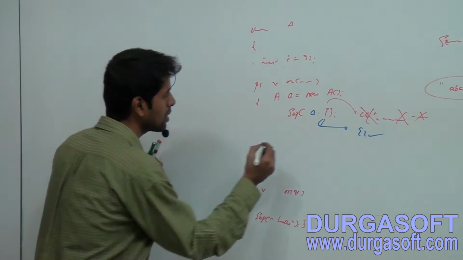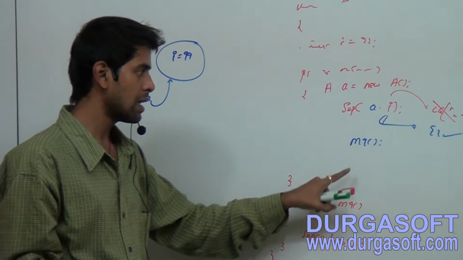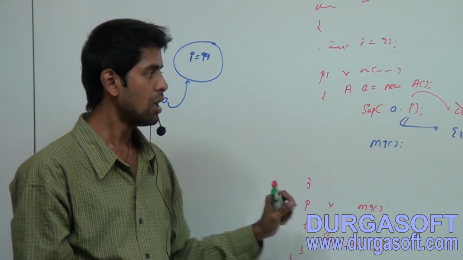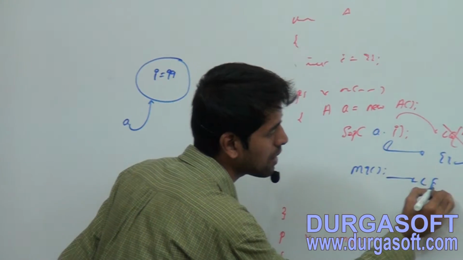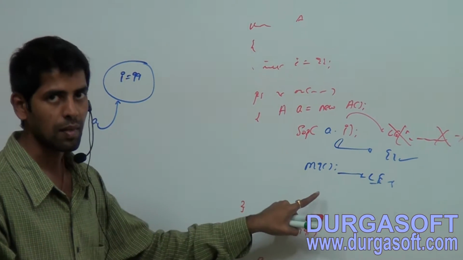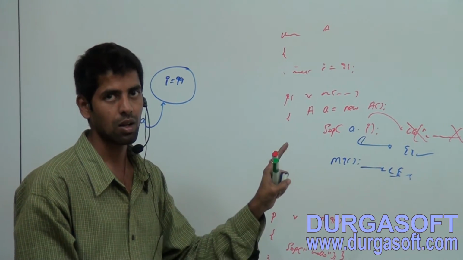How to call that one? m9 method, right? If I call like that, it will give a compile time error to me. So it will give compile time error as what? Non-static method m9 cannot be referenced from static context.